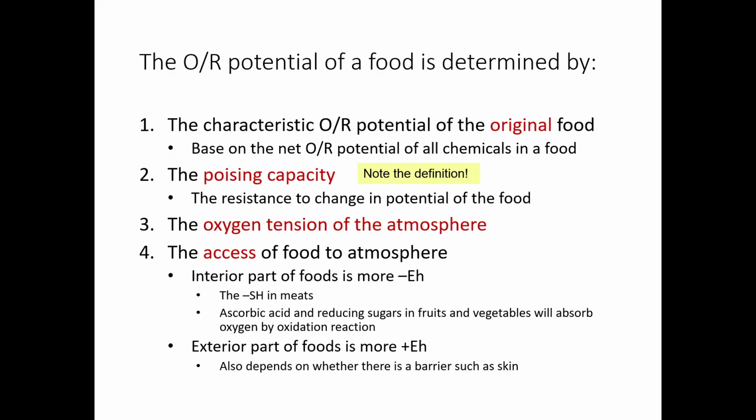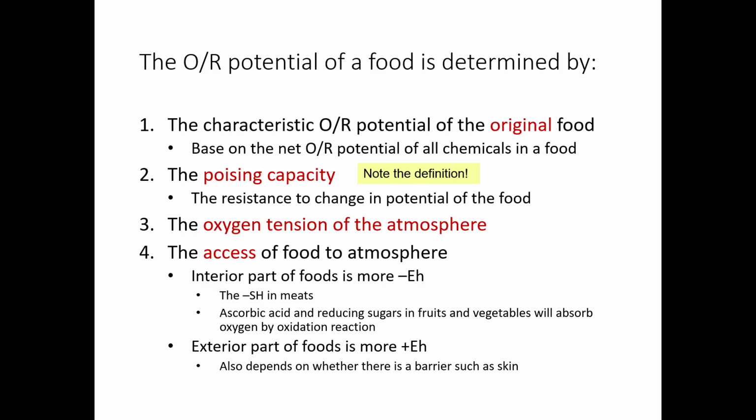Really the big thing about oxidation reduction, how I think about it, is the amount of oxygen available to the food, the amount of oxygen in the food, the availability of oxygen.